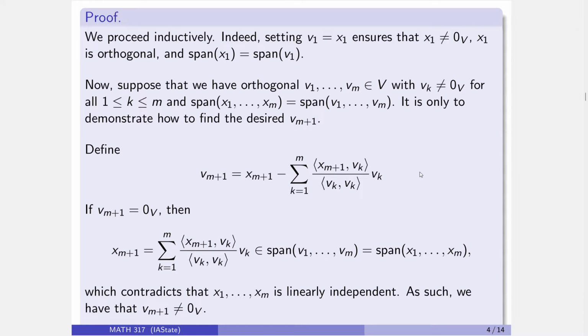That contradicts that the original list is linearly independent, because we have an element that is a linear combo of the others. As we proved, that would mean you are dependent if one element can be written as a linear combo of the others. Alright, so it's got to be that v_{m+1} is in fact non-zero.